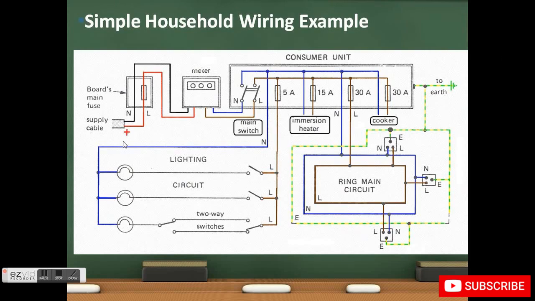So the current flows from the positive end on the red cable through a fuse in the main switchboard, then it goes to a meter which records how much electricity you have used. Then it goes to the main switch, which allows you to turn everything off.